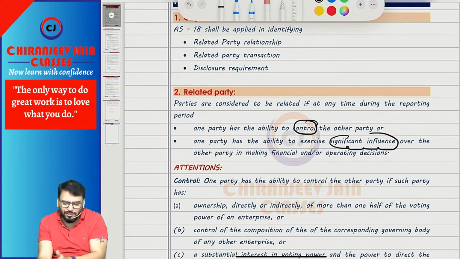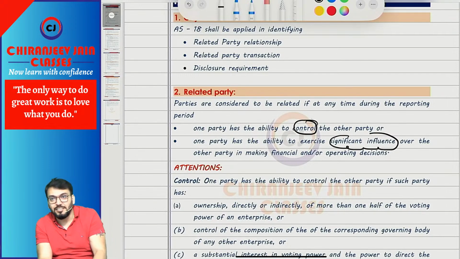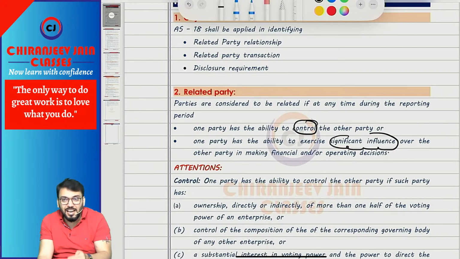Understood? So I am not going into the definition of control or significant influence right now. Parties are considered to be related if at any time during the reporting period one party has the ability to control the other party, or exercise significant influence over the other party. So the other party will become the related party.